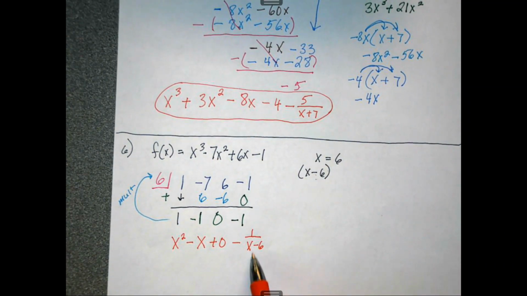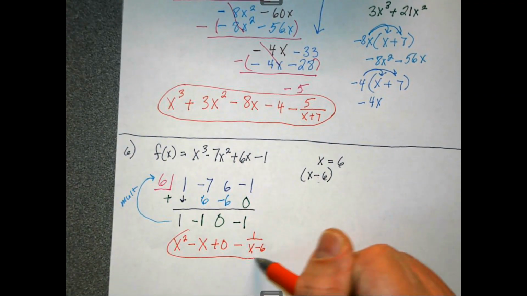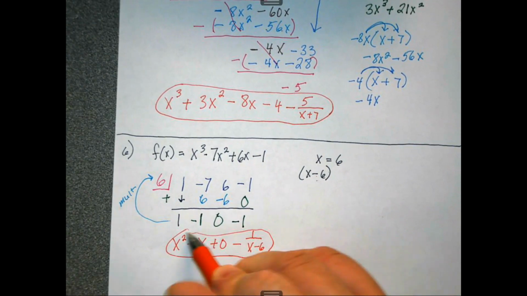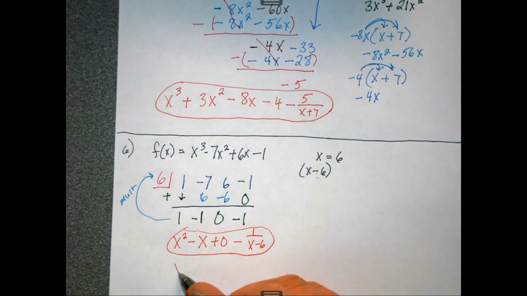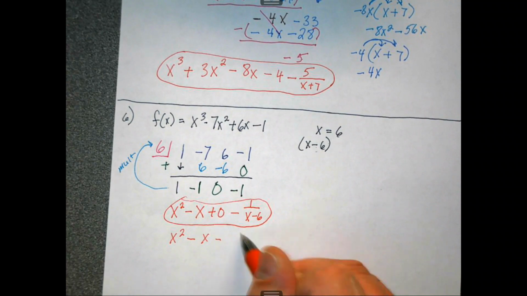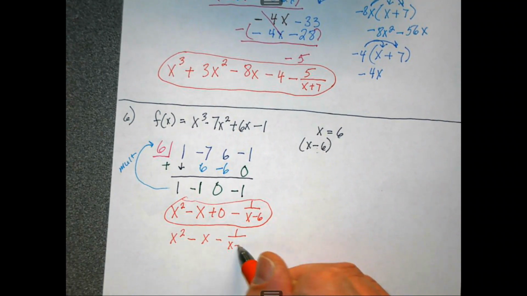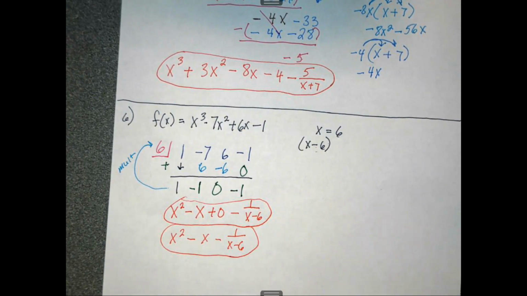If it was a factor, we would have ended up with no remainder. Oh, by the way, you don't have to put that 0 there. You could just say x squared minus x minus 1 over x minus 6. Either one.